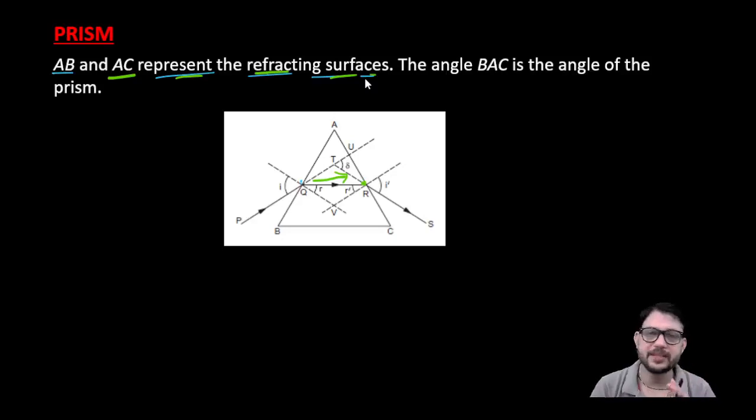Refraction through a prism means whatever interface comes in the path of the ray, the ray must go through it. So AB and AC are the two refracting surfaces, or interfaces, through which the light is refracted. This is the first basic thing you should know, and I believe this is clear.